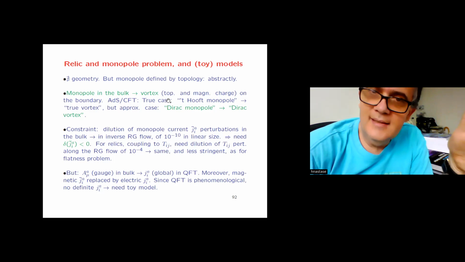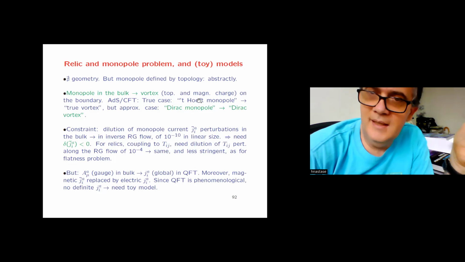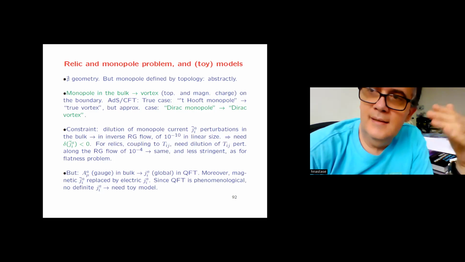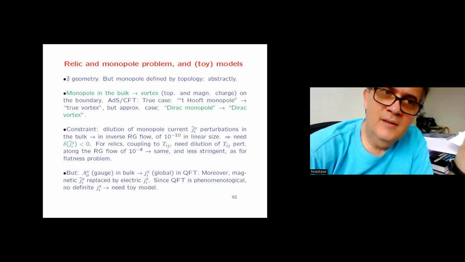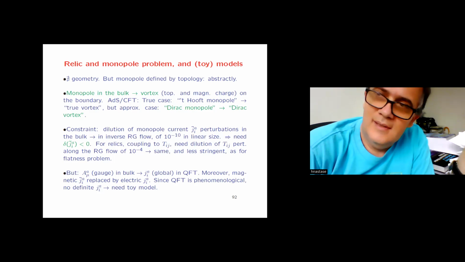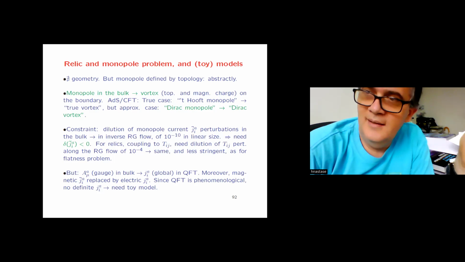Now, the true case that we would be interested in would be something like a 't Hooft monopole, which is a monopole in the non-abelian theory that has no singularity at the core. And that would correspond on the boundary to a true vortex, which is also in the same spirit non-abelian and has no singularity at the core.